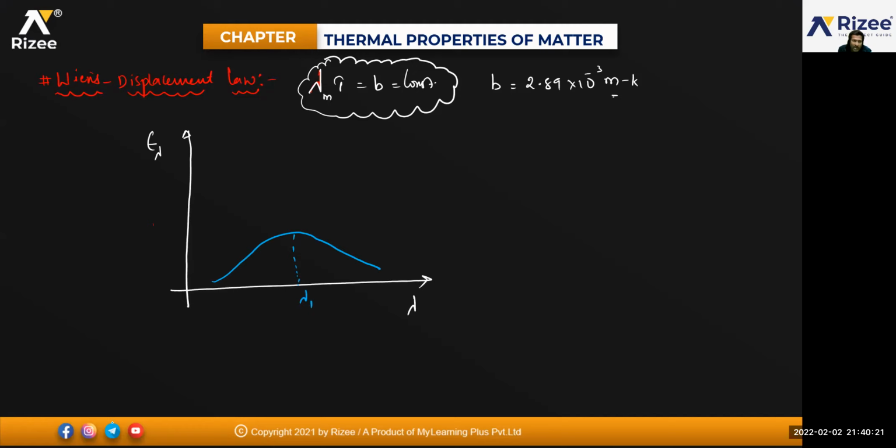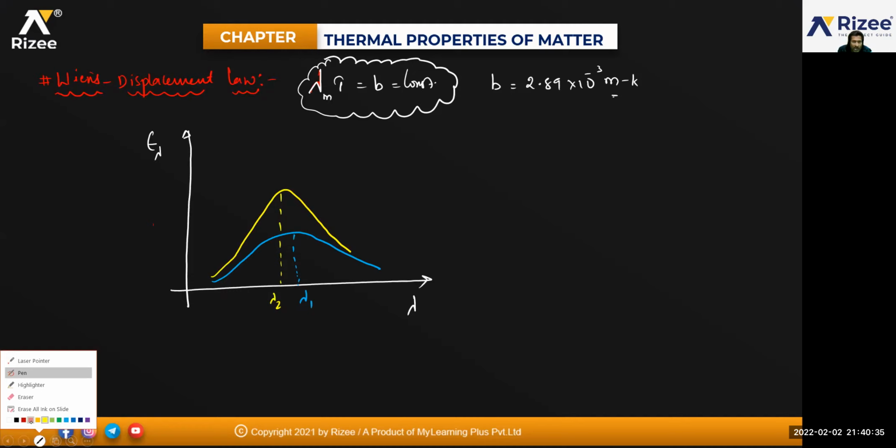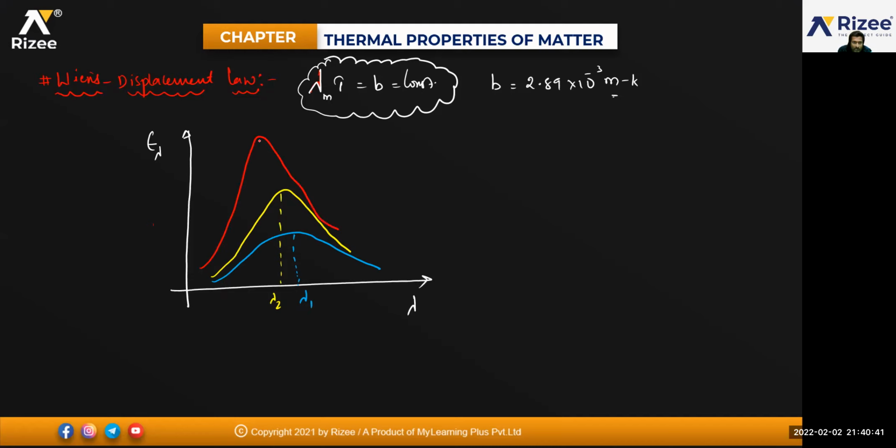As the wavelength was being decreased, the emittance power of this one was also being increased. So right now like this. Now this one was at your wavelength of lambda 2. Then again when the wavelength was being decreased, it was again found to increase, something like this.